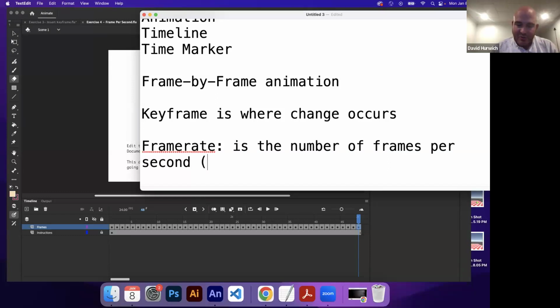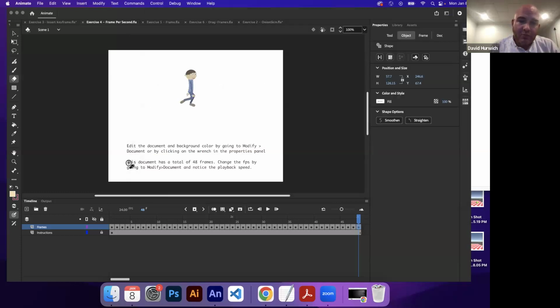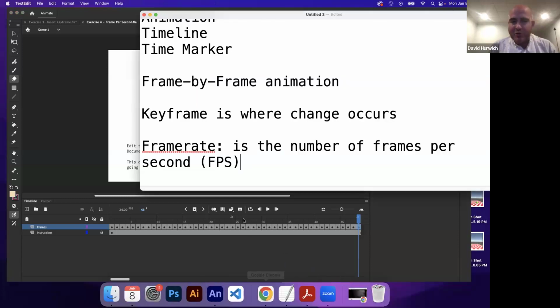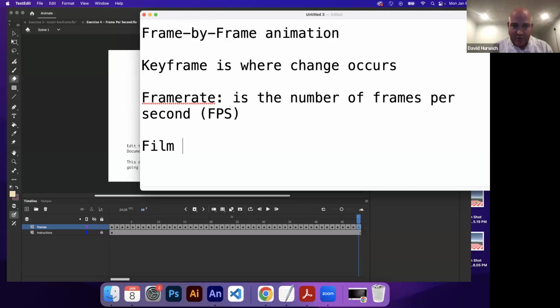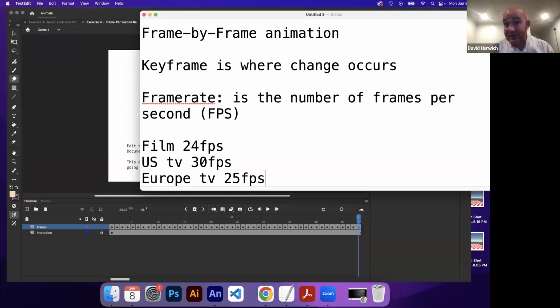This is sometimes referred to as FPS, frames per second. We mentioned that there are standardized frame rates. I mentioned how film was 24 frames per second. US television is typically 30 frames per second, whereas European TV is 25 frames per second, things like that.